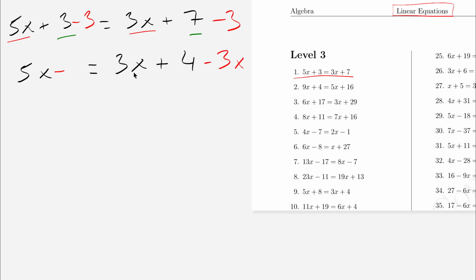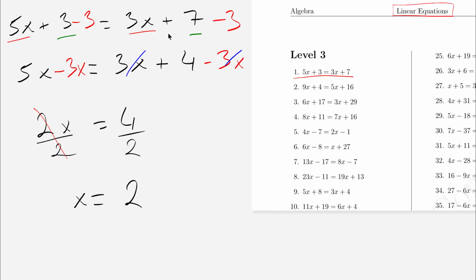So I'm also going to subtract 3x from the left hand side. My next line therefore will be 5x minus 3x, that's 2x. On this side the 3x and the minus 3x cancel, so 2x equals 4. Now we're in familiar territory, dividing both sides by 2, and we will get x equals 2.